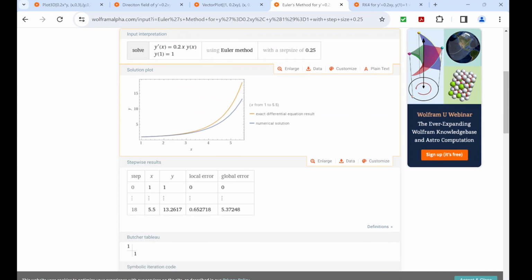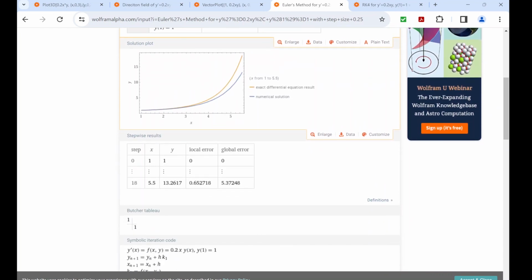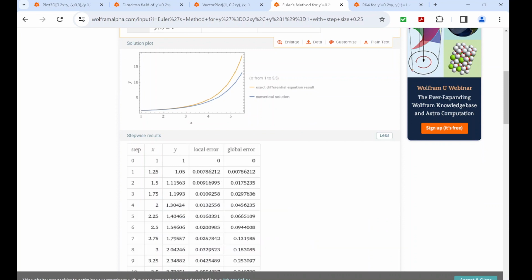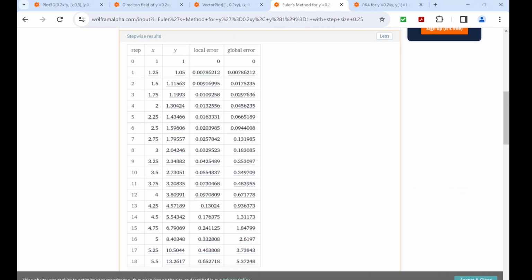And this gives you the various step sizes, the various solutions, the various approximations, and you could go down. So there goes 1.5 for us, and it'll actually give you the error as well.